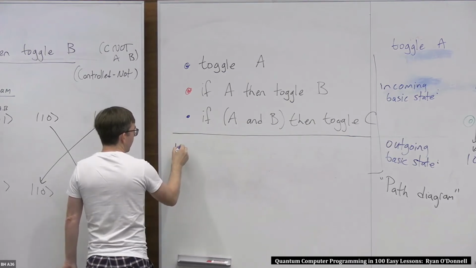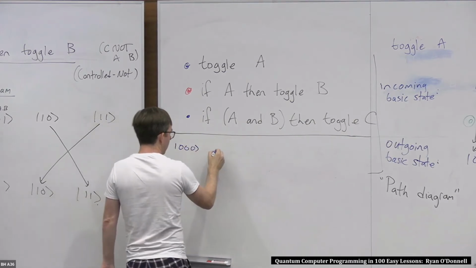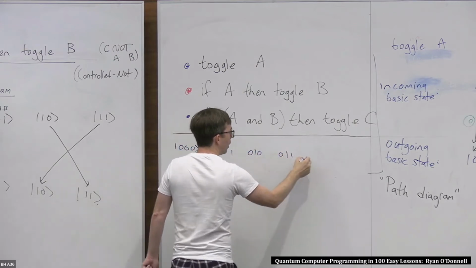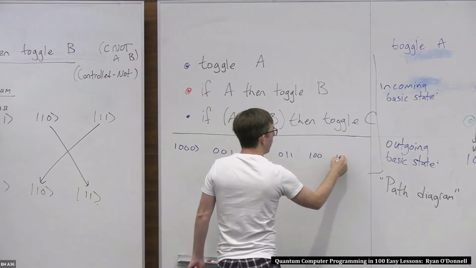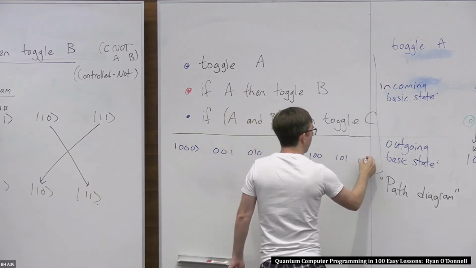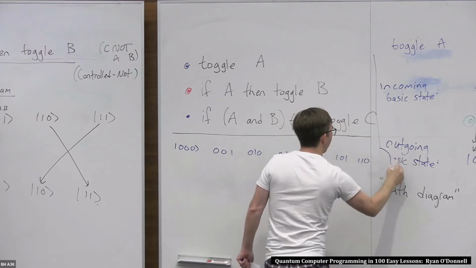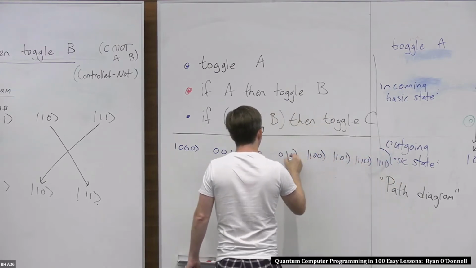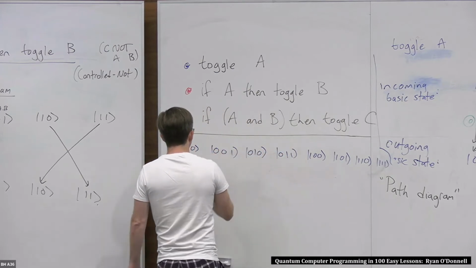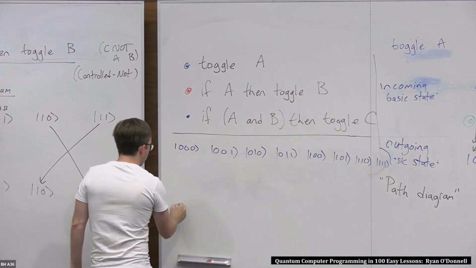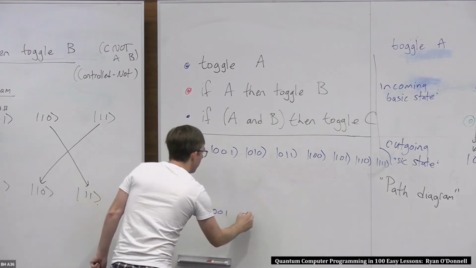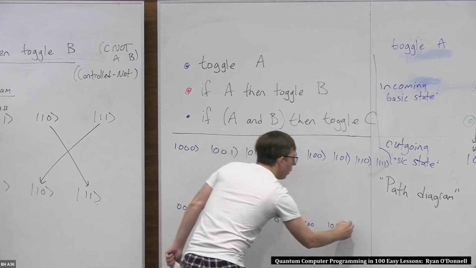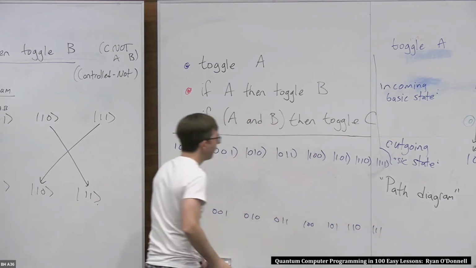So there are 8 possible basic states: 0, 0, 0, 0, 0, 1, 0, 1, 0, 0, 1, 1, 1, 0, 0, 1, 0, 1, 1, 1, 0, and 1, 1, 1. And the outgoing states are the same: 0, 0, 0, 0, 0, 1, 0, 1, 0, 0, 1, 1, 1, 0, 0, 1, 0, 1, 1, 1, 0, and 1, 1, 1.